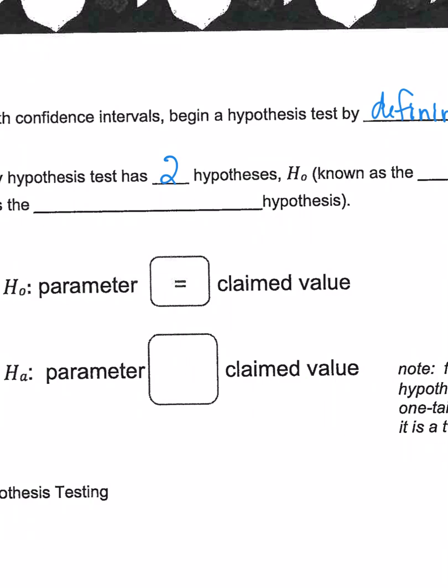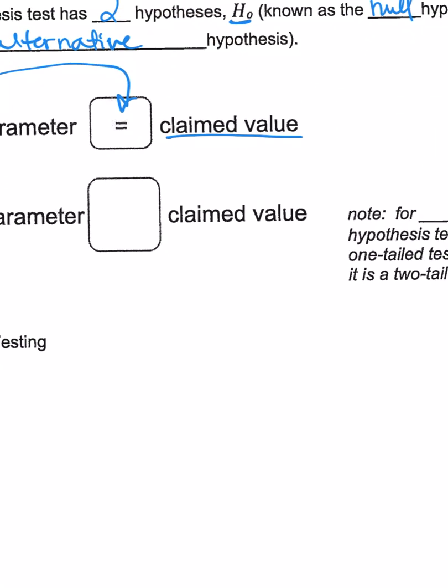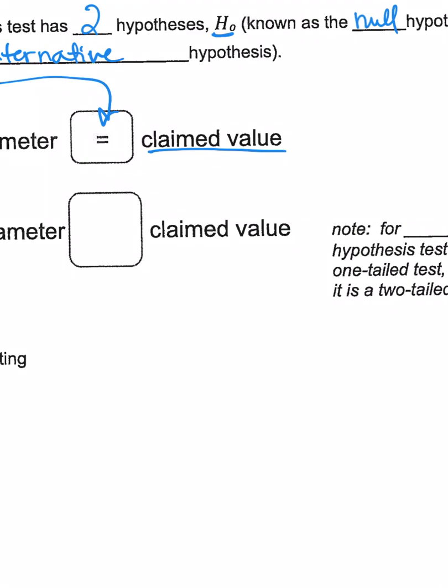If you've had AP Bio, you recognize this. We have H naught, which is known as the null, and HA, which is known as the alternative hypothesis. H naught is the parameter value equals the claim value. H naught is always equals. HA is any other value. Ho and Ha is really what we call them. You'll hear me say Ho and Ha.